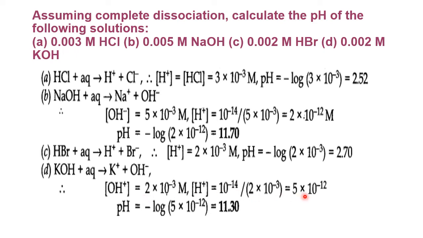After simplification, 5 into 10 to the power minus 12 is the hydrogen ion concentration that you substitute in the pH equation. So this is log 5 plus 12 log 10. It is 12 from 12. You take out the log 5 value, 0 point something. You see the log value. The answer is 11.30. So these are the pH values for the four different samples.